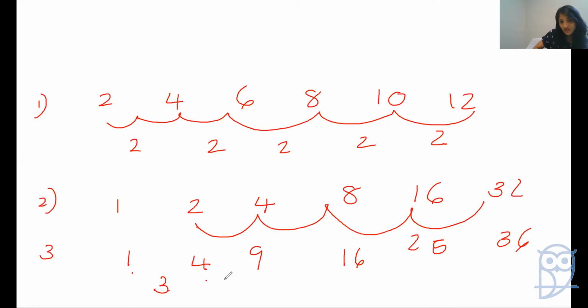So 4 plus 5 is going to give me 9. 9 plus 7 is going to give me 16. 16 plus 9 is going to give me 25. And 25 plus 11 is going to give me 36. So the difference between each consecutive term is increasing by 2.